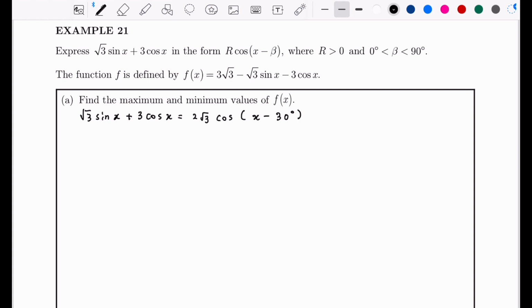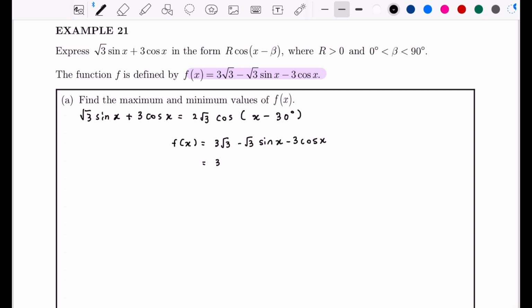The function is defined by f(x) equal to 3√3 minus √3 sin x minus 3 cos x. For the first part, part A, we have to find the maximum and minimum values of f(x). First, copy down the function f(x) equals 3√3 minus √3 sin x minus 3 cos x.